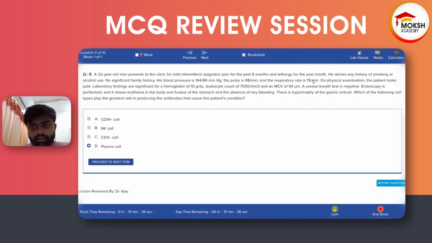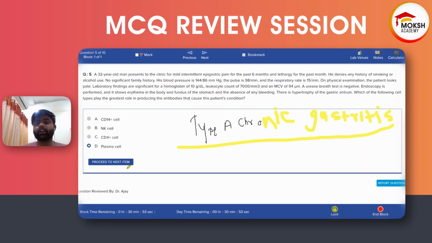But this patient is presenting with type A chronic gastritis, or antibody mediated chronic gastritis.